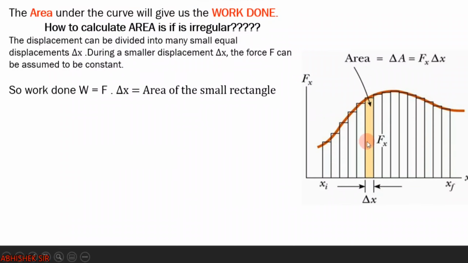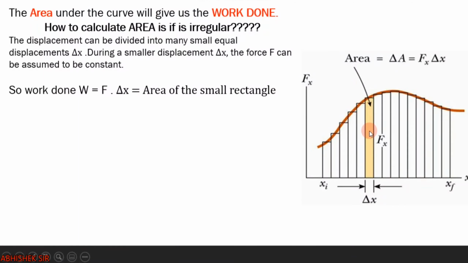Area of a rectangle is L into B. Over here, what is the length? Length is the force acting. And what is the breadth? Breadth is the small displacement. So if we focus on this rectangle, the area will be force into displacement, F into delta x. What is delta x? It is a very small displacement.